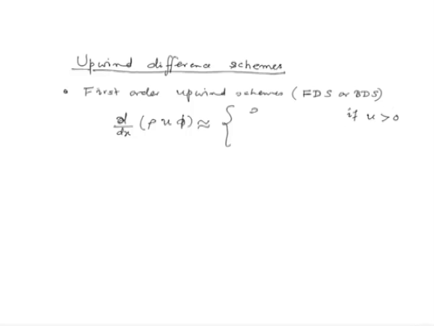So we will have rho u phi at I minus rho u phi at I minus 1, divided by x of I minus x of I minus 1.